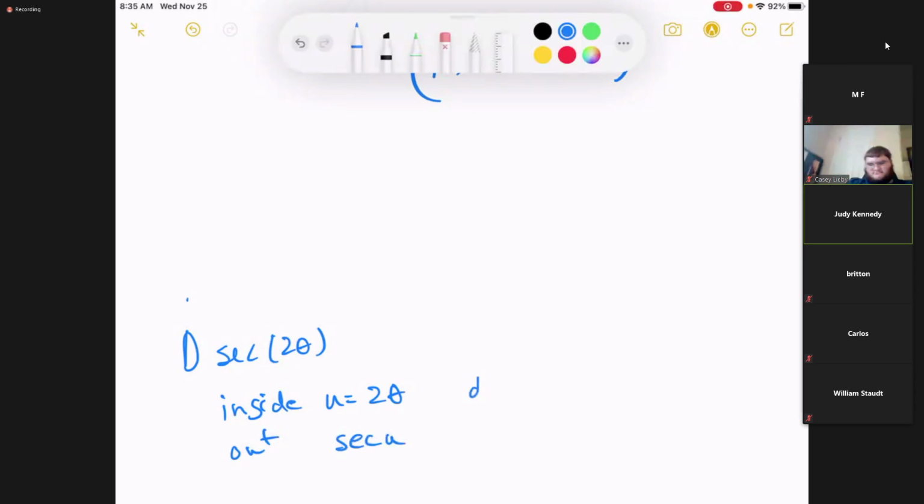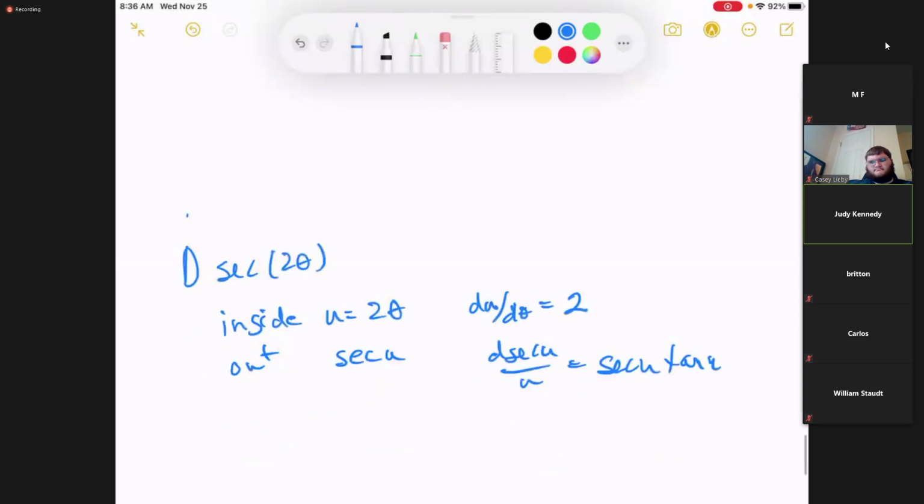So du d theta here is 2. And the derivative of the secant of u with respect to u is secant of u tangent of u. And likewise, okay, so this is secant of 2 theta times tangent of 2 theta, all multiplied by 2.